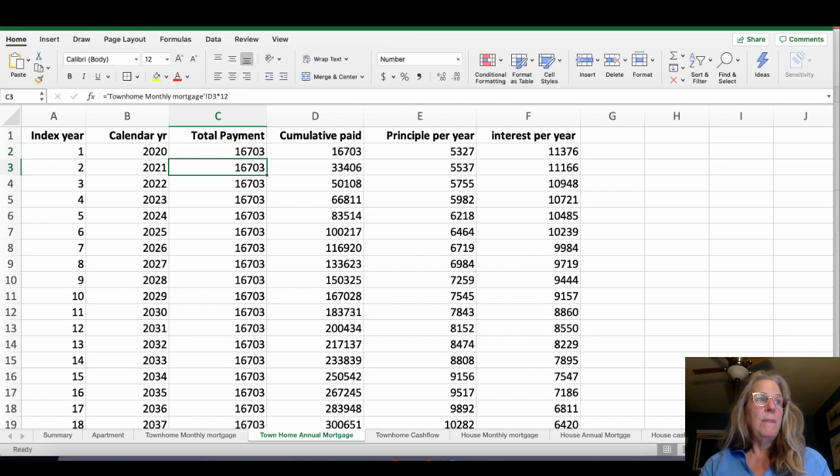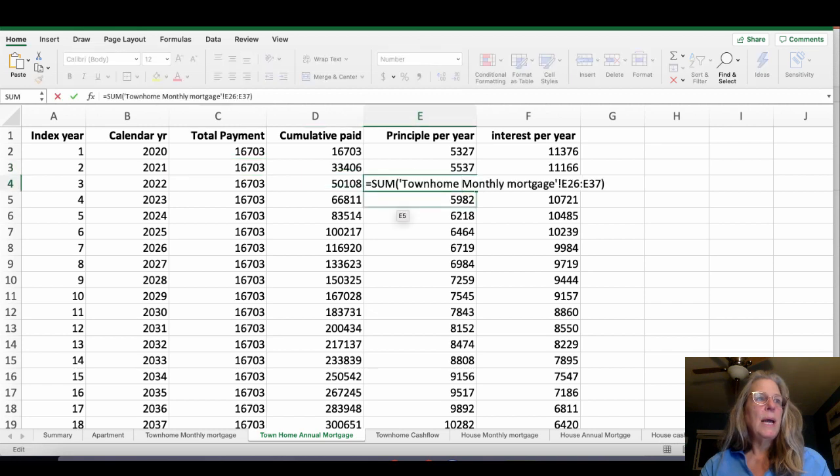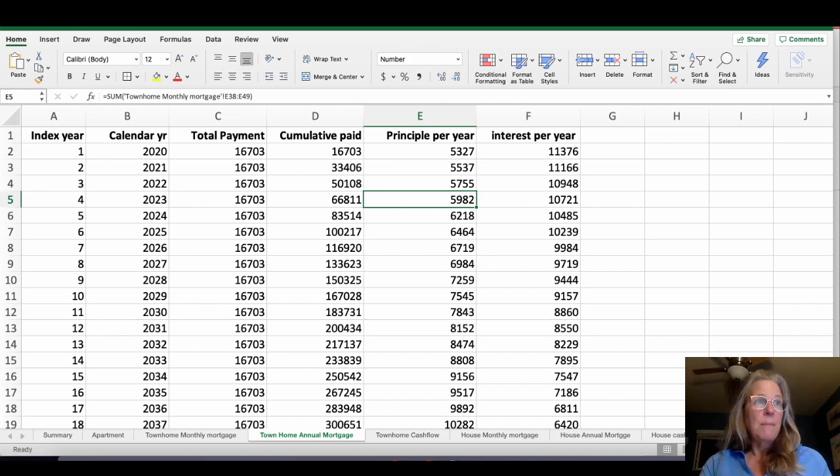And then on the cumulative principal paid, I'm going to get the sum of the time period in this third year, which is E26 to E37, the townhome mortgage payments in that year. So those are the 12-month periods. So hopefully that'll show you how to do this particular part of the spreadsheet.